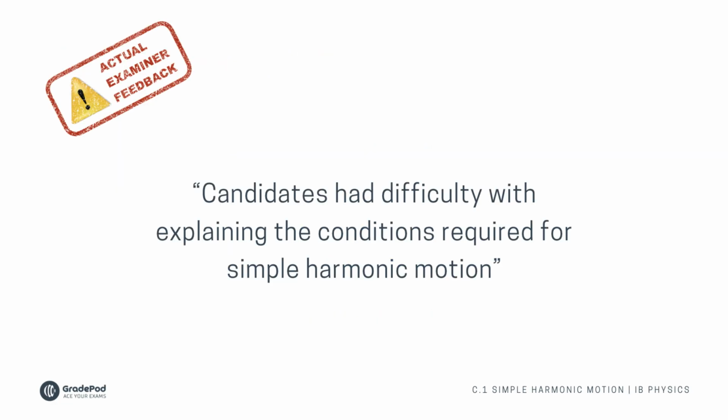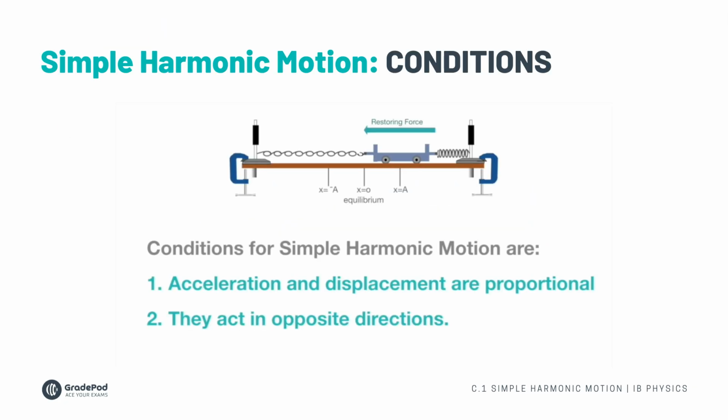Now, if we relate this to the examiner feedback for questions relating to simple harmonic motion, the examiner feedback says that candidates had difficulty with explaining the conditions required for simple harmonic motion. So let's go back to this idea of the cart. The acceleration of the cart is maximum here, and the acceleration of the cart is maximum here.